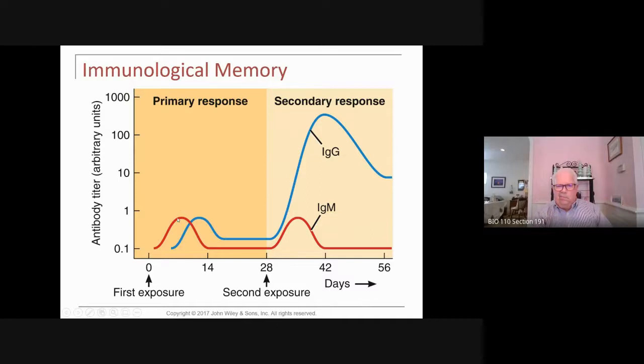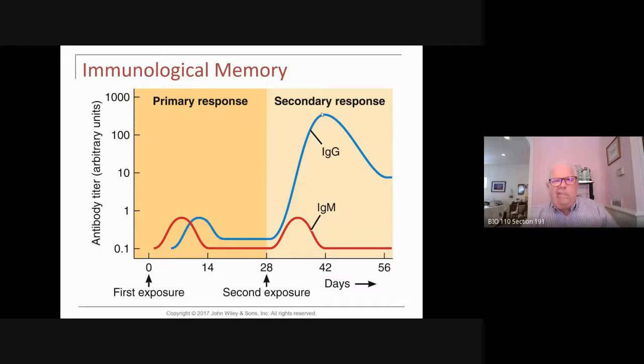The second time you're exposed to it, it goes higher. So your second dose will make you have more IgG. Initial response, secondary response. It's a building response. It's called memory.